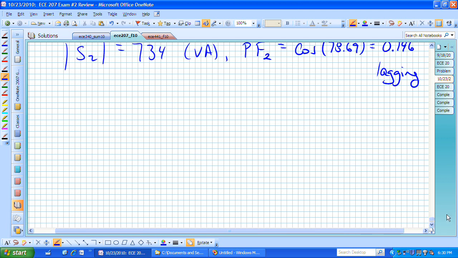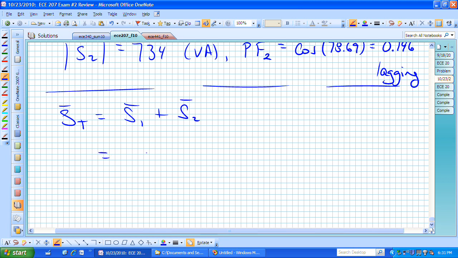Now we need part 3, which is really the power factor of the total of the loads. We can obtain the total complex power by simply adding the two complex powers, S sub 1 and S sub 2. For adding complex numbers, it's probably convenient to express those in terms of their real and reactive parts or in rectangular form.